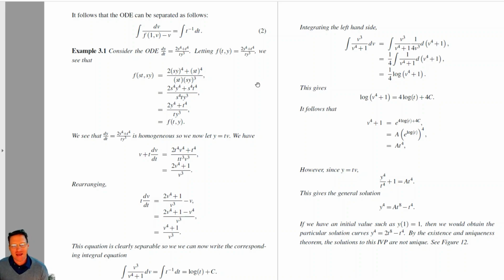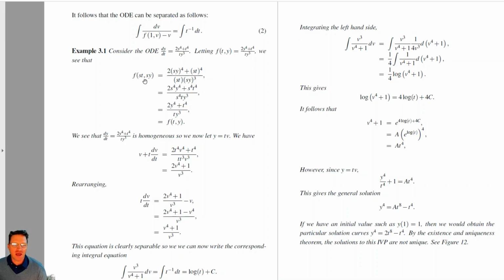So we let f of t and y be equal to the right-hand side of this differential equation, given that we've got dy on dt on the left. Now we want to substitute in, replacing t with s times t and replacing y with s times y, and check that this is just the same as f of t comma y.